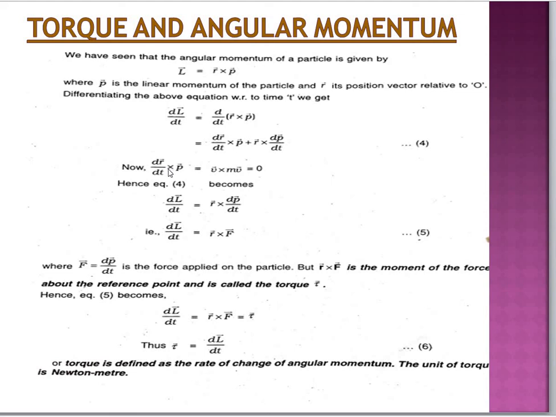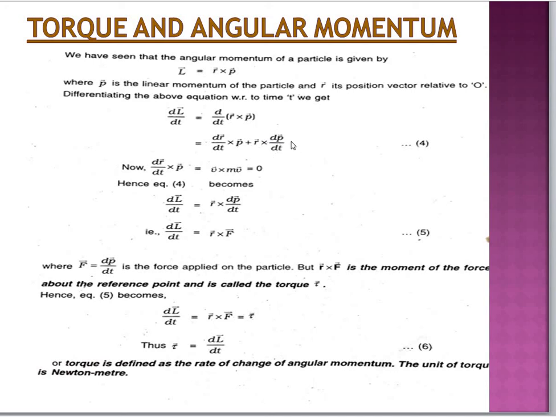So dr by dt cross p is equal to 0. So what will be our equation? This term vanishes and dL by dt is equal to r cross dp by dt.